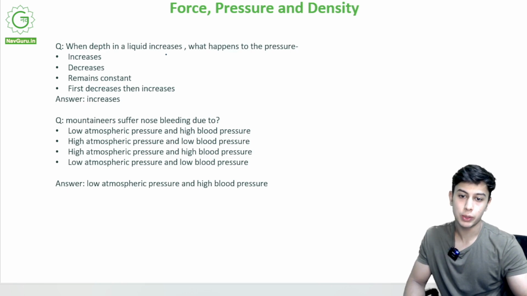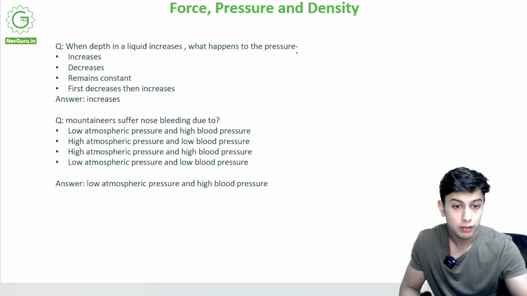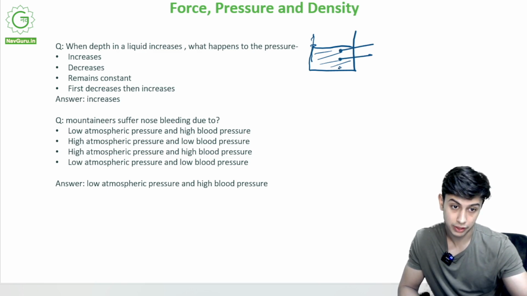When depth in a liquid increases, what happens to the pressure? If you remember, I have taught you like this. Supposedly there is a liquid in here. Pressure will be different at this point, at this point, and at this point: A, B, C, P1, P2, P3.